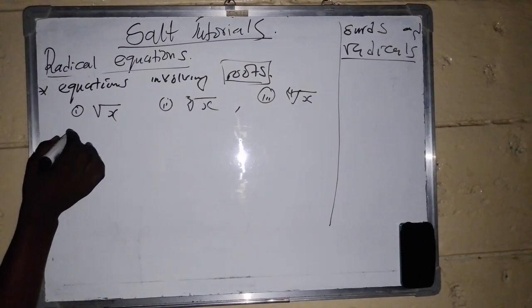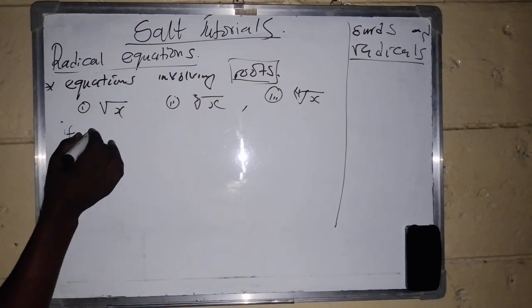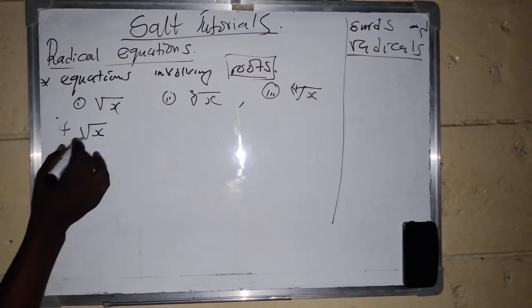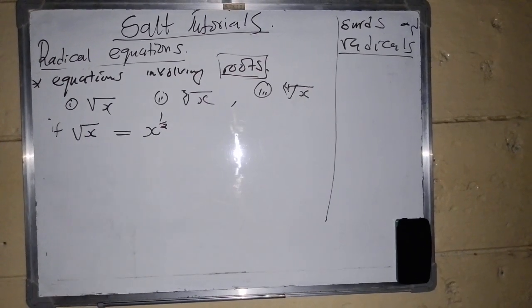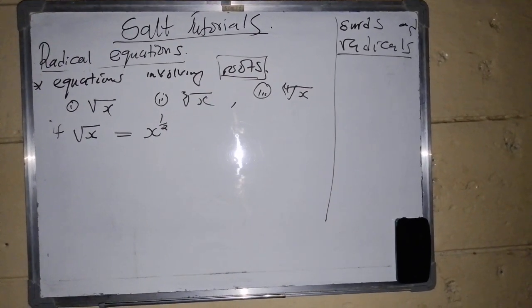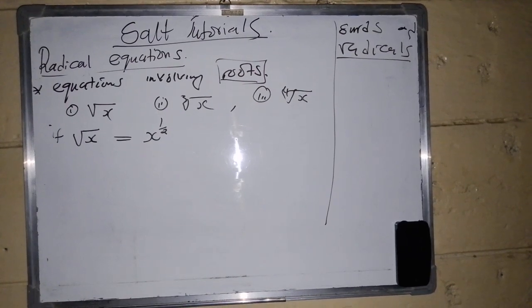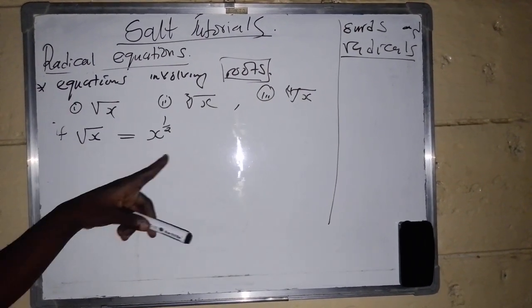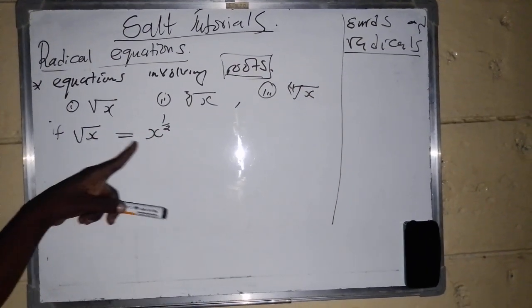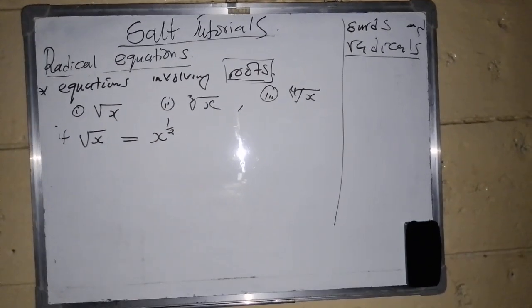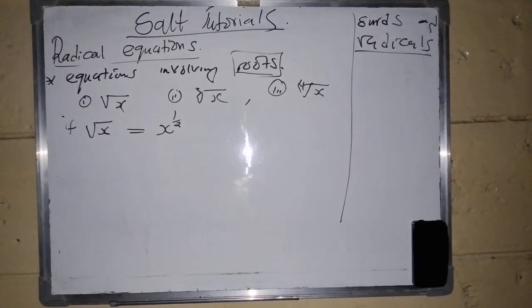We have to understand that if I write root of x, this is the same as writing x power 1 over 2. Sometimes an equation can be written using the root, or that root can be expressed as a power, such that the square root of x can still be written as x power 1 over 2, which is the same thing.